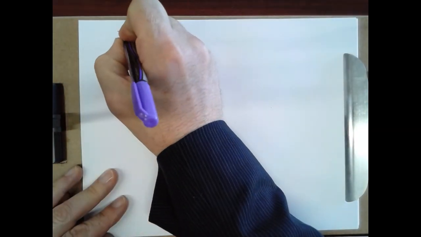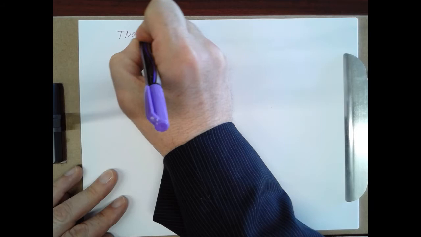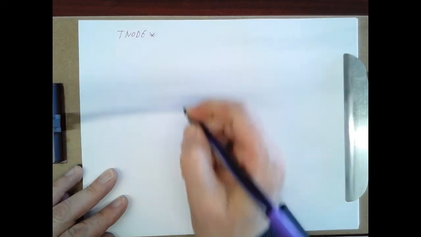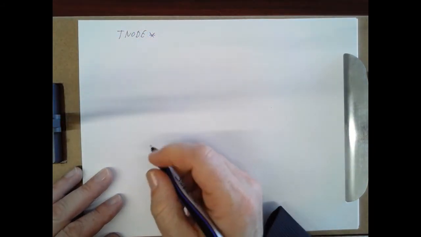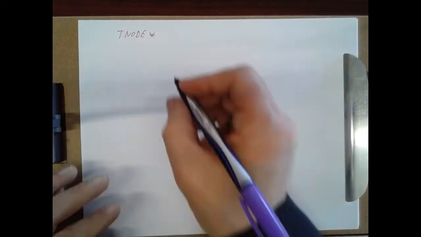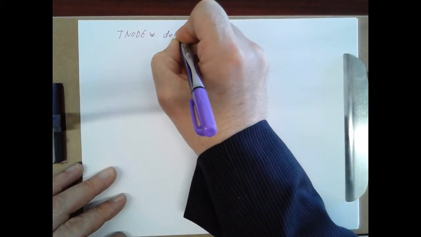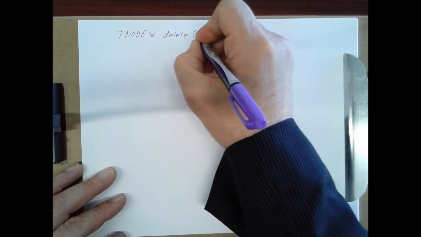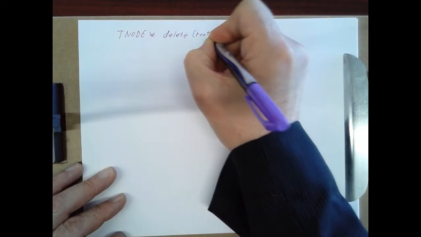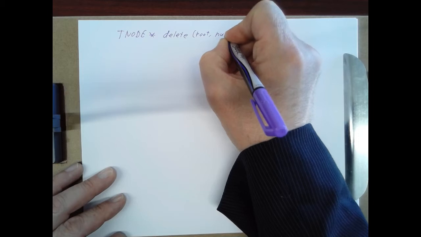All right, so now let's look at deletion from a tree. Just like insert, we potentially change the root of a tree when we delete from it, so we've got to return a tree node pointer. We'll pass in the root, and we'll pass in the number we're trying to delete.